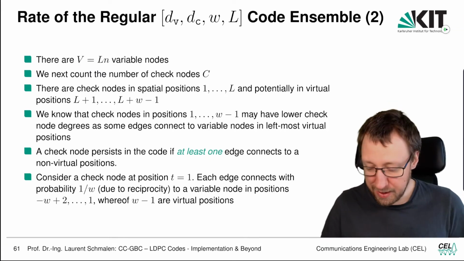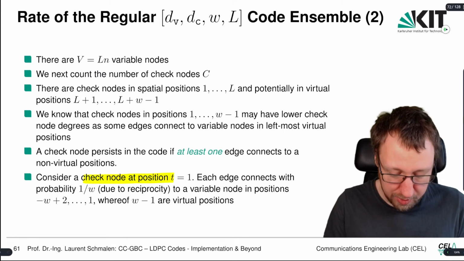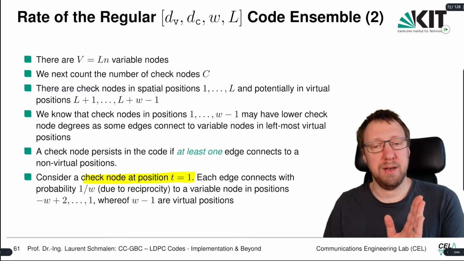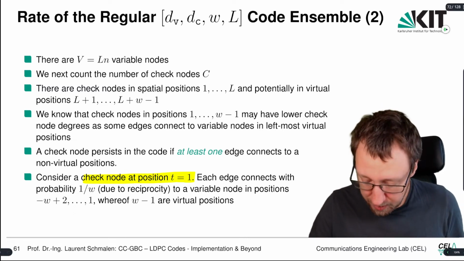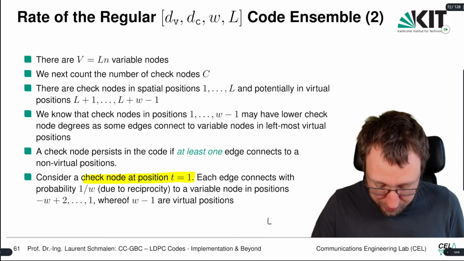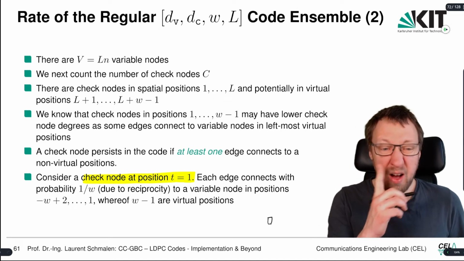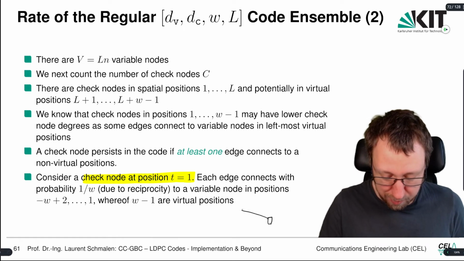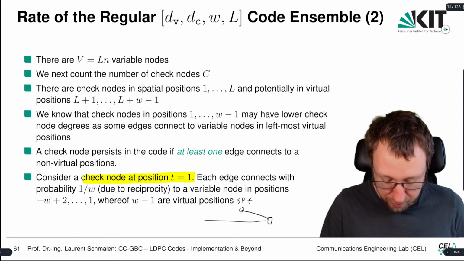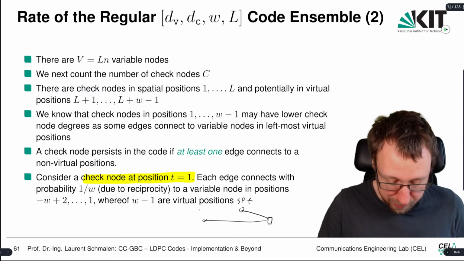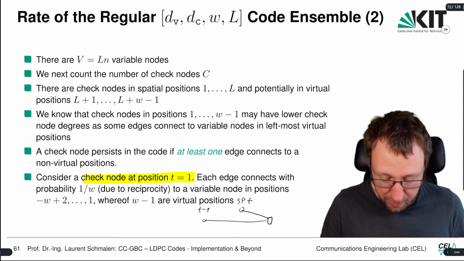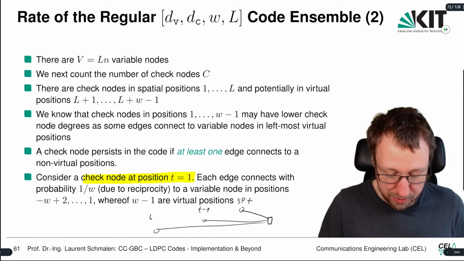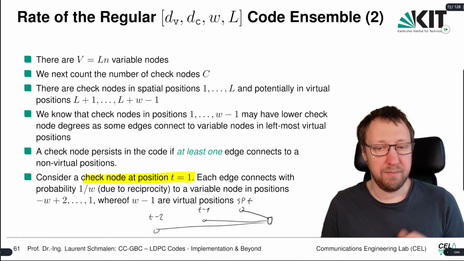So we start by looking at a check node in position t equals 1. Now each edge connects with probability 1 over w either to spatial position t, with probability 1 over w to spatial position t minus 1, 1 over w to spatial position t minus 2, and so on.